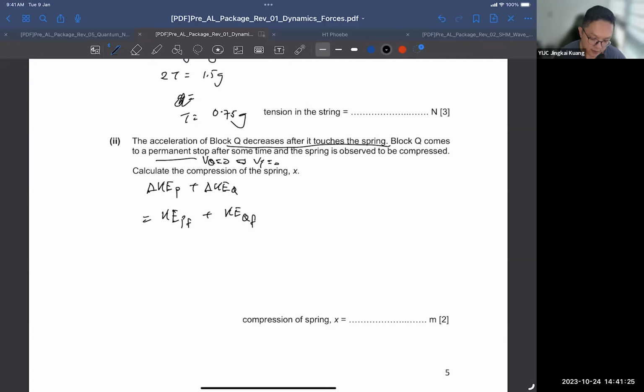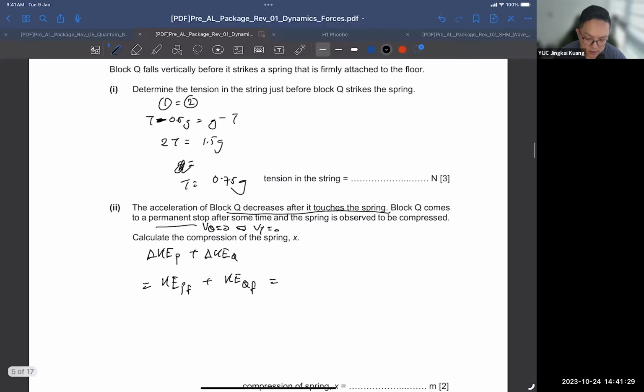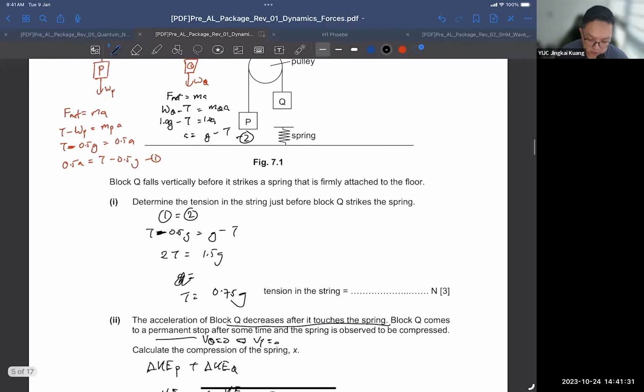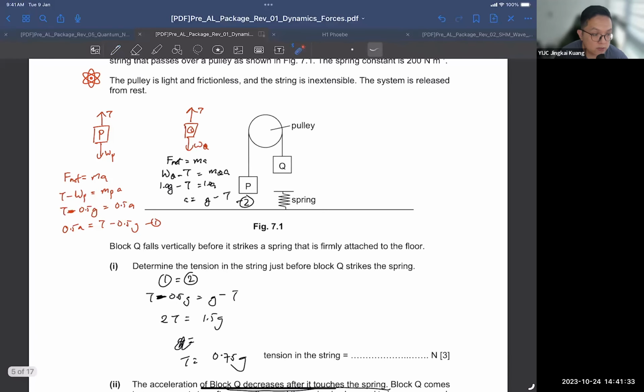This comes from two things. Q will come downwards, so Q will lose height and lose GPE, while P will gain GPE.